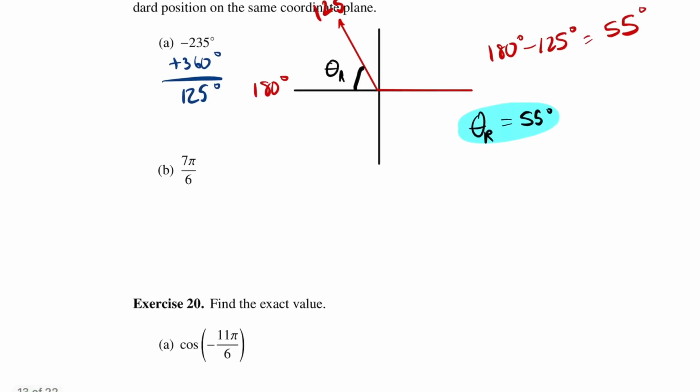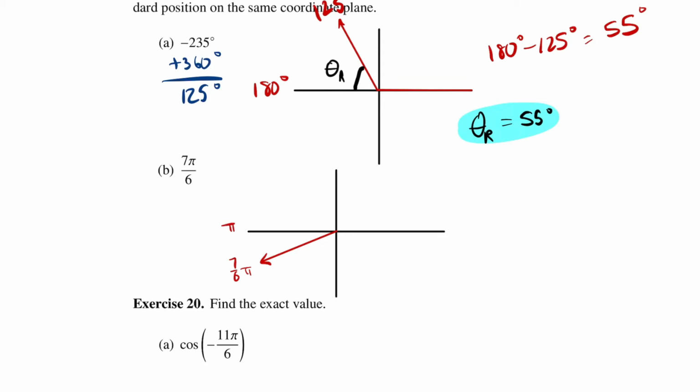All right, for the next angle, this time it's in radians, but same idea. So you draw the graph. 7/6 pi, if you look at your unit circle, is going to be in the third quadrant, approximately here somewhere. All right, so this is 7/6 pi, and we know that this is pi. That's 180 degrees is pi.